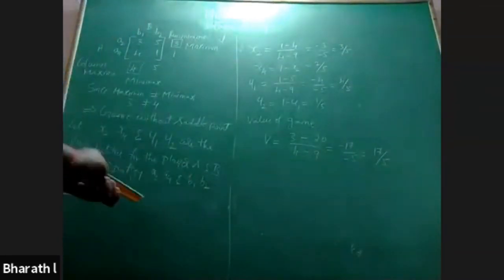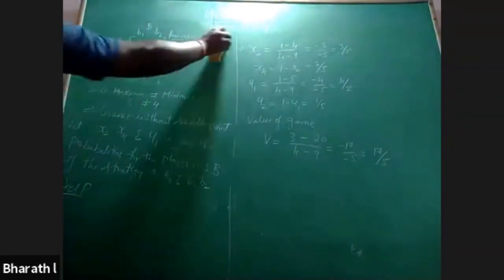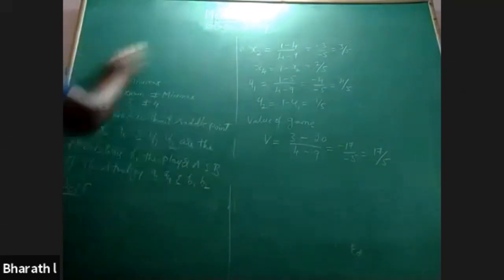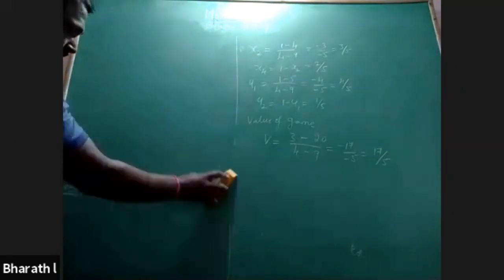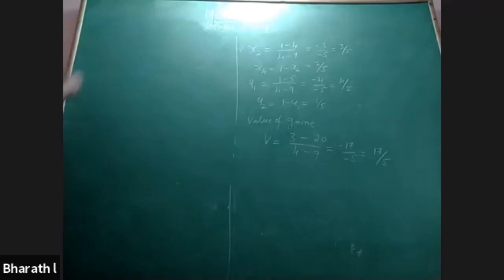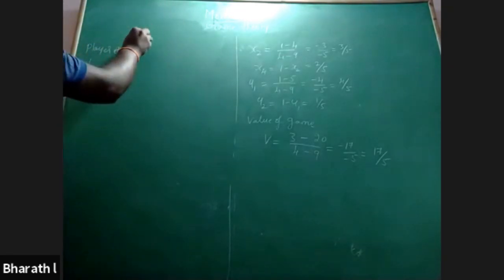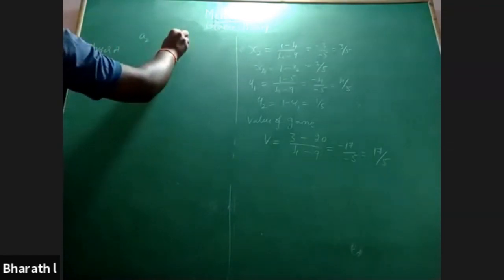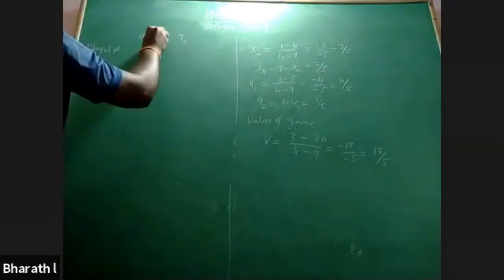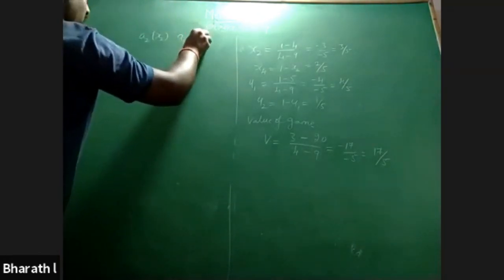Then next, you write the probabilities in tabular form. Here you write player A, player B. For player A, the strategies are A2 and A4 as per the given notation, and the probabilities are x2, x4.